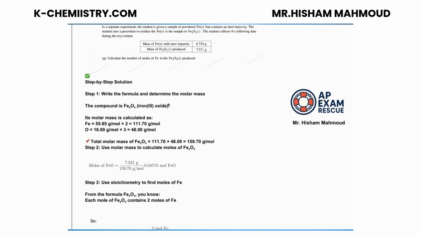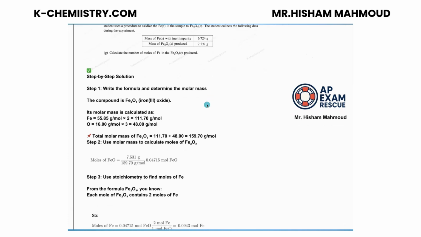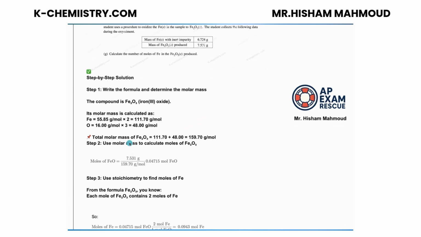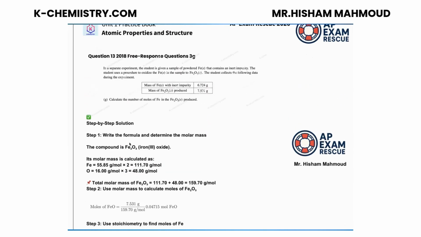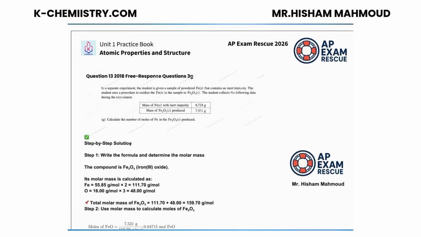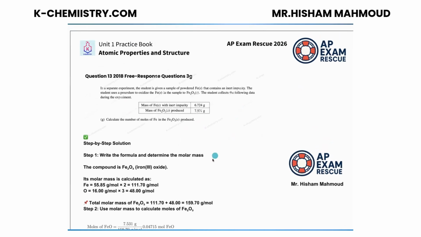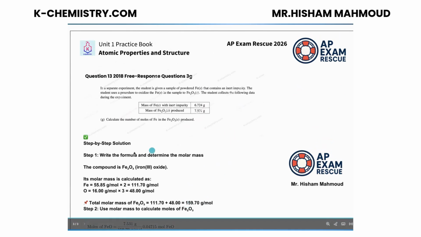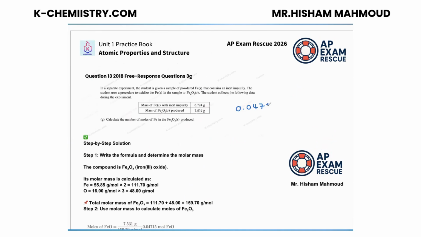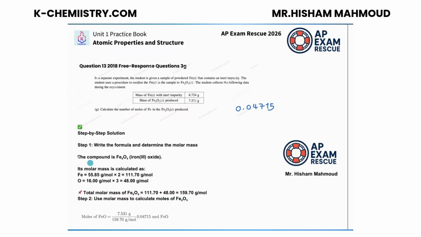So we know that the number of moles of Fe₂O₃ we found using the molar mass was 0.04715. So we write it down here, 0.04715. And he's asking to find the number of moles of Fe inside that.